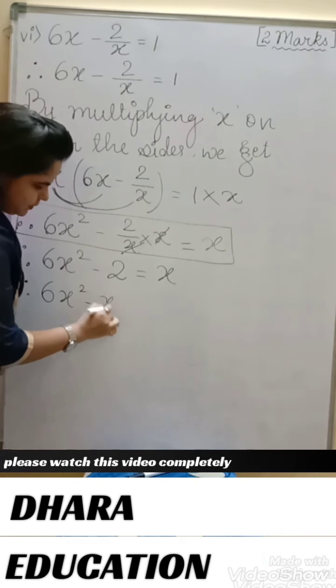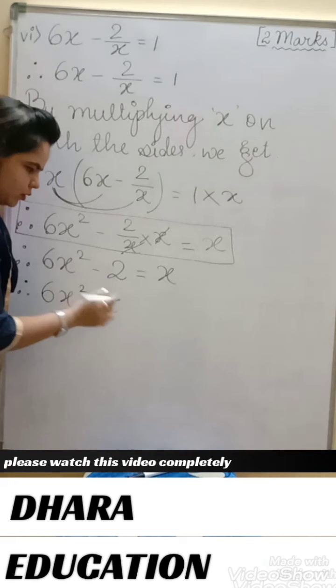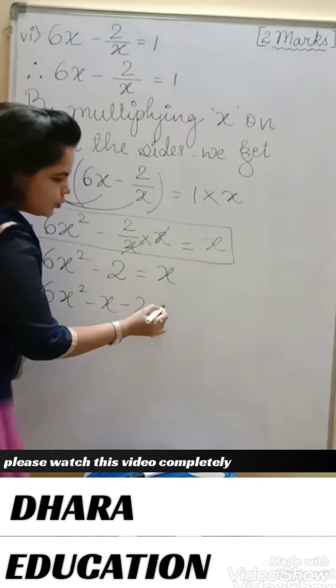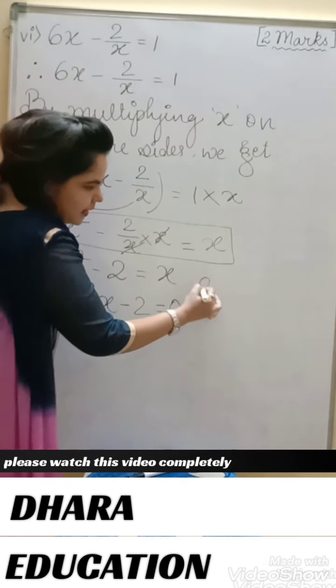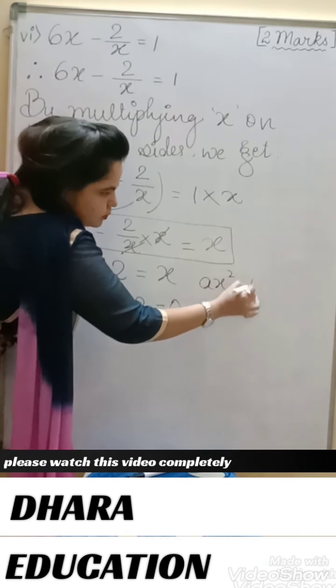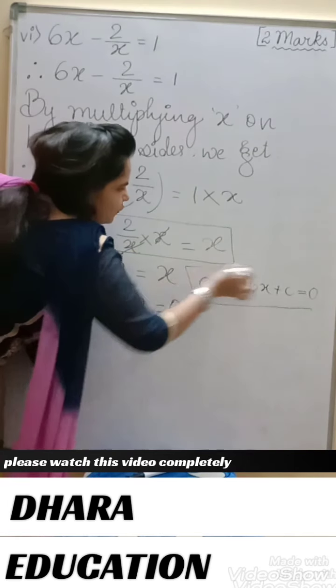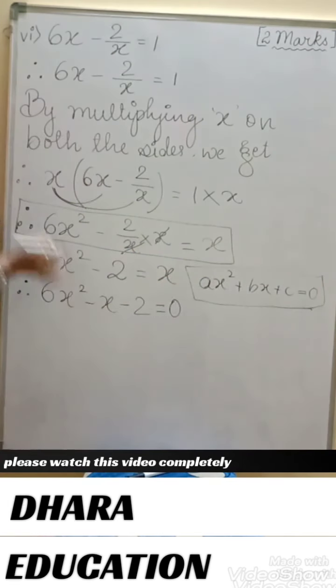So minus x, minus 2 will be there only, because we are using standard form. And you know the standard form is what? ax square plus bx plus c is equal to 0. So in this particular format, we have to write this.